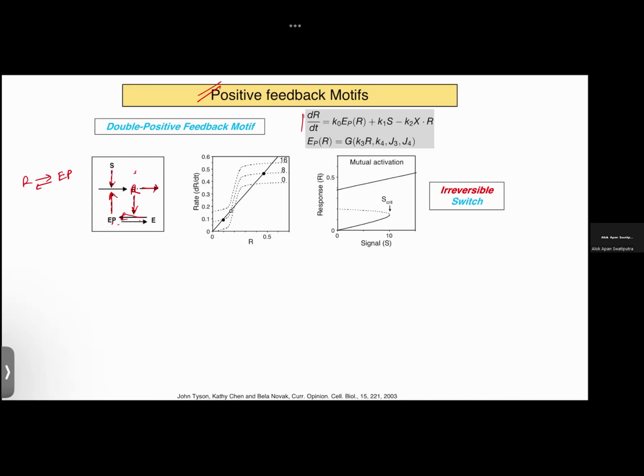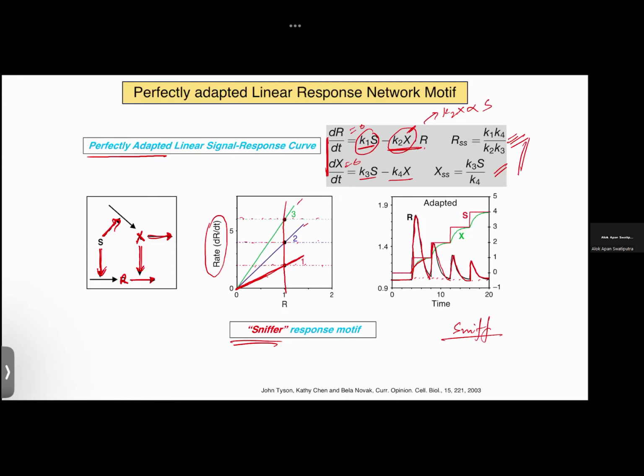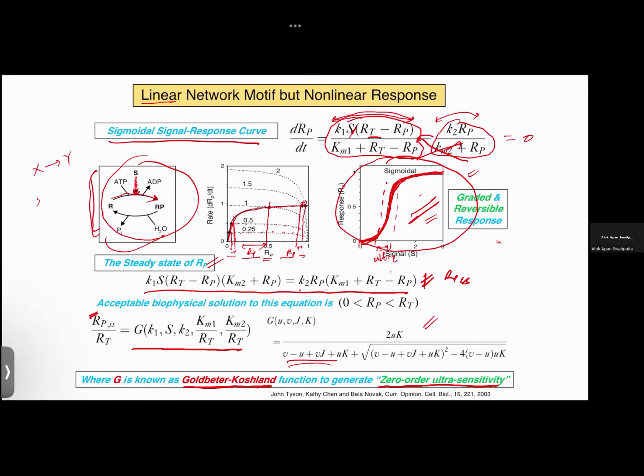So if I want to write the differential equation of this, dR/dt, what will it have? It will have some k0 into EP into R. Not EP into R, rather EP(R). And what is this EP(R)? We are using the Goldbeter-Koshland equation, which we had mentioned. Remember when you had some signal producing this, I had written it in terms of the signal responses.